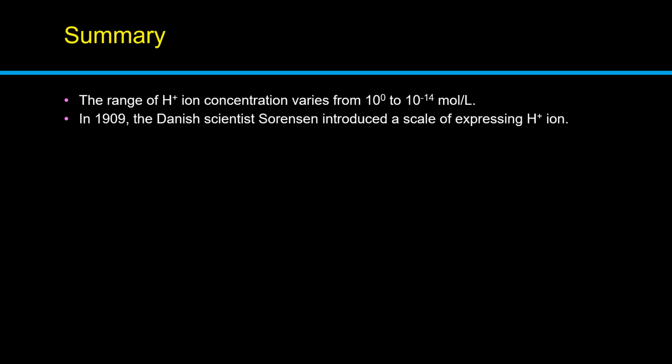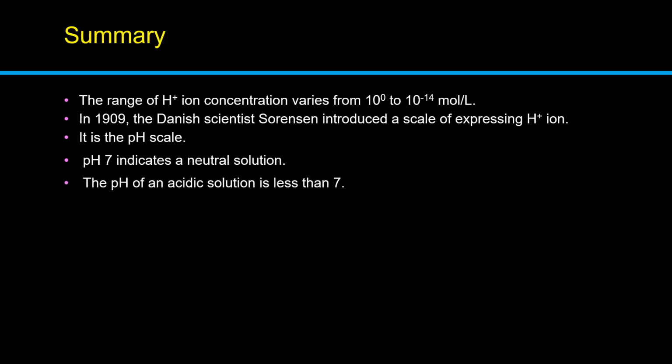In the year 1909, the Danish scientist Sorensen introduced a scale for expressing concentration of H plus ion, and that is called the pH scale. pH 7 indicates a neutral solution, and it is the midpoint of the scale. pH less than 7 are termed acidic solutions, whereas pH greater than 7 means that it is a basic solution.